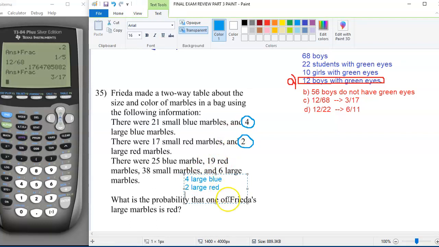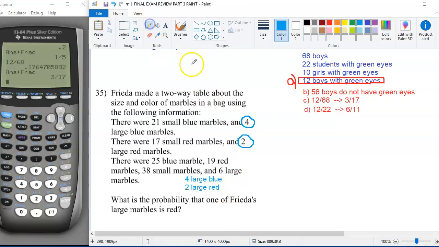So what is the probability that one of Frida's large marbles is red? So we're only looking at the large ones. Of the 6, 2 of them are red. 2 out of 6 would reduce to 1/3. I am, again, not using the calculator for that because that is insulting. You've got this. The answer is 1/3.